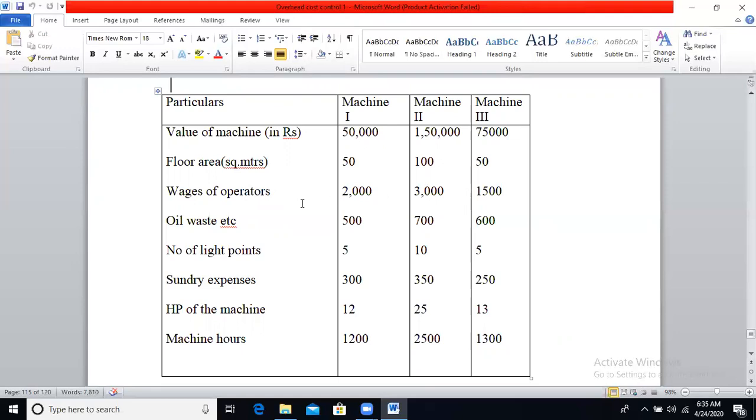Like that oil waste, also you have to consider the actual values. Then sundry expenses, also you have to consider actual values. And number of light points and HP rate of the machine we will consider as a basis for lighting and power. Machine hours will be considered at the end for the calculation of machine hour rate. Now see the solution.